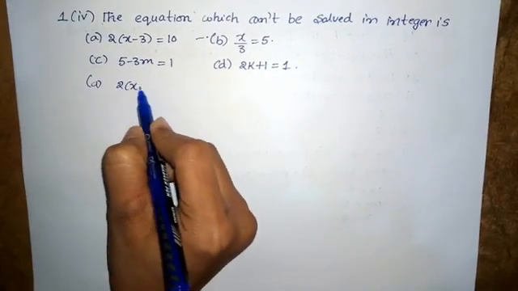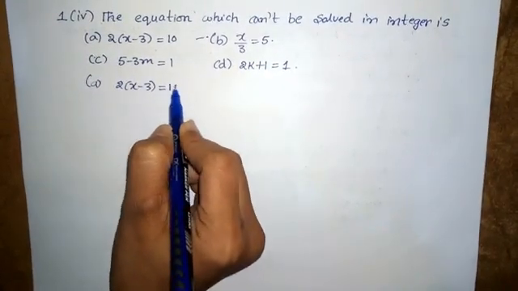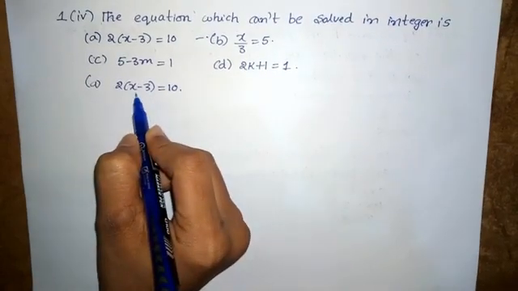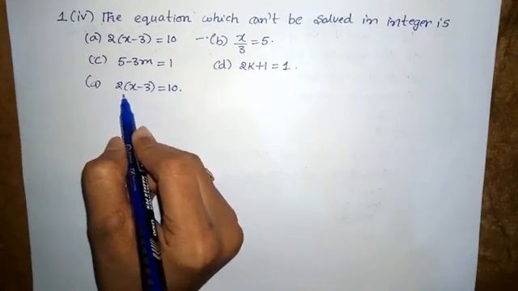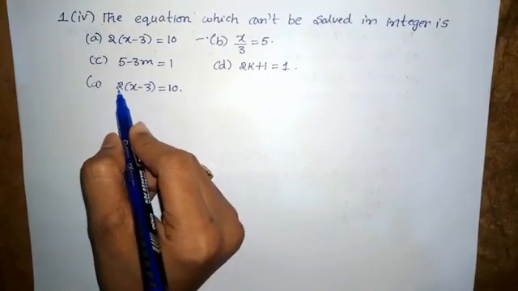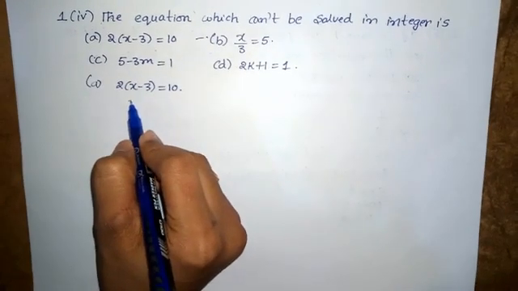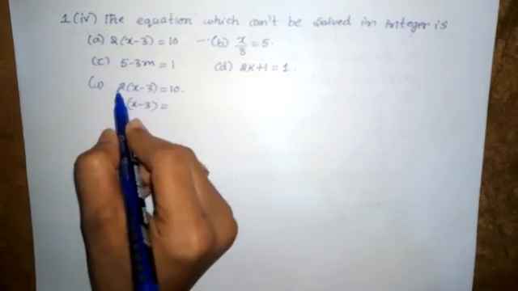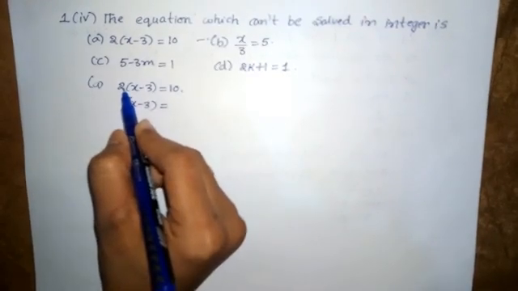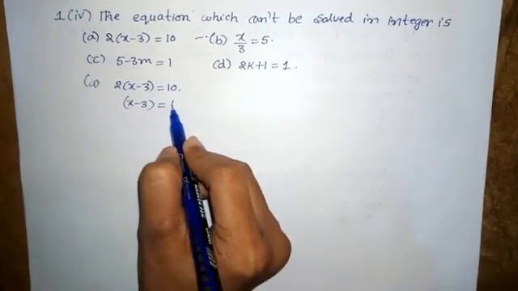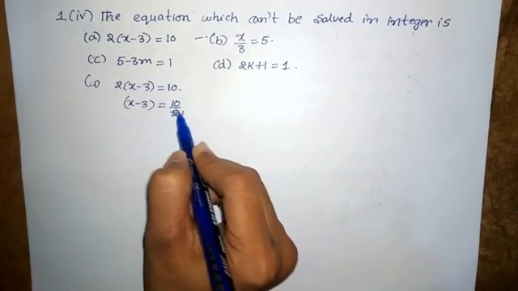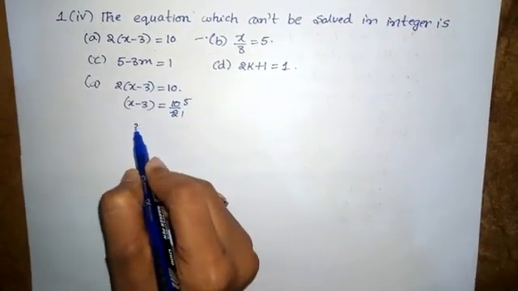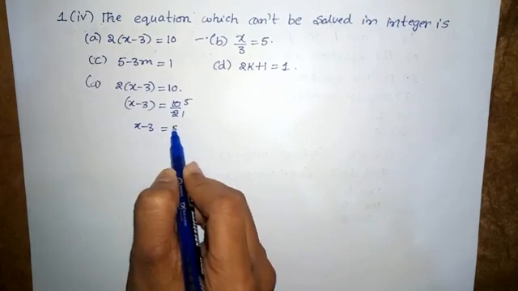2 into (x - 3) = 10. Find the x value. First remove the 2 in this simple equation. 2 is a multiplication on the left side, so it is moving to the right side as division, 10 by 2, 2 fives are 10. So x - 3 = 5.